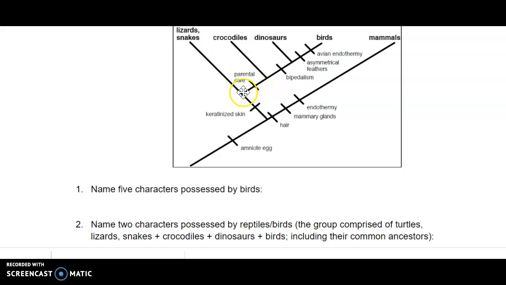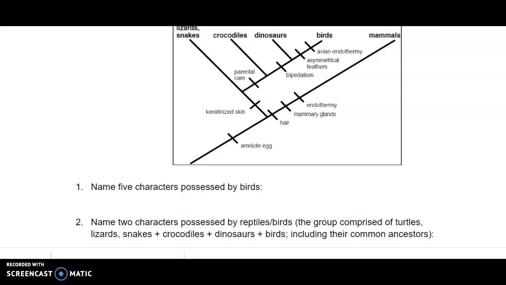And you can even go on down here. These are also characteristics of bird: the keratinized skin and the amniotic egg. So anything that came before the bird would be a characteristic of those birds. These would not go with the bird because the bird branched off before we got to these traits. I'm not going to list those off, but you can see what they are there.